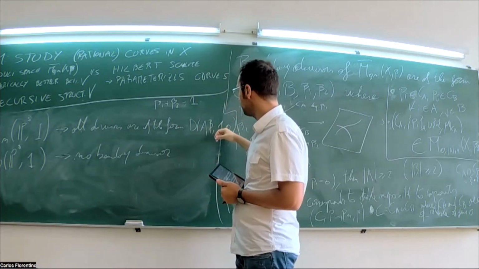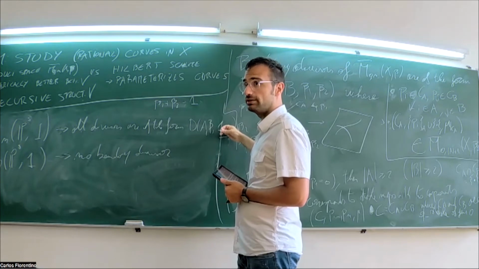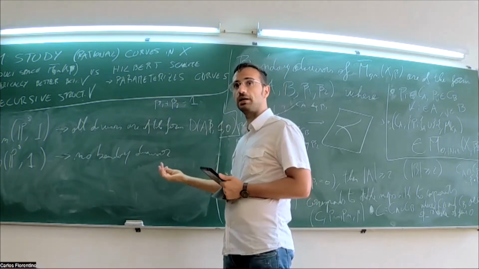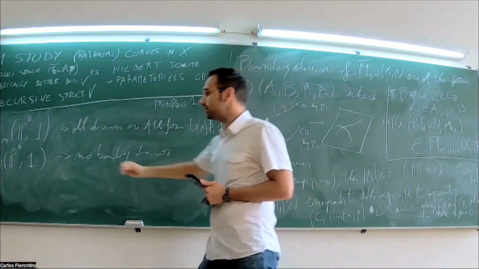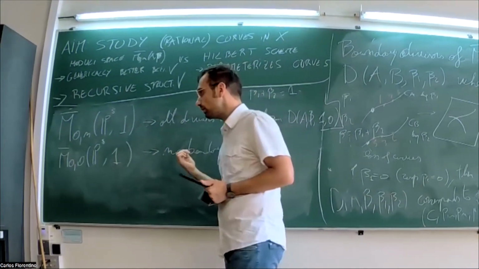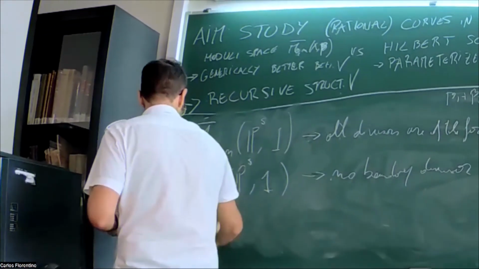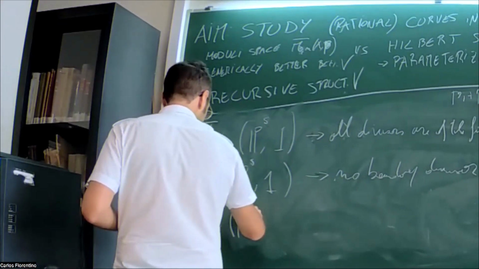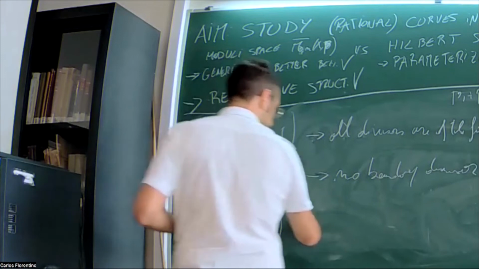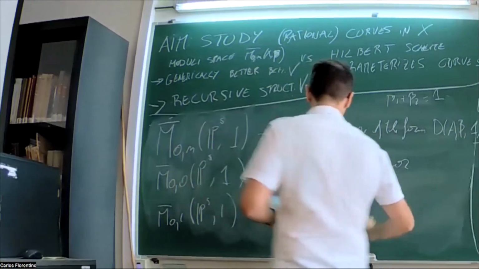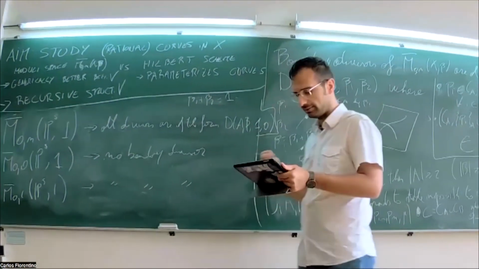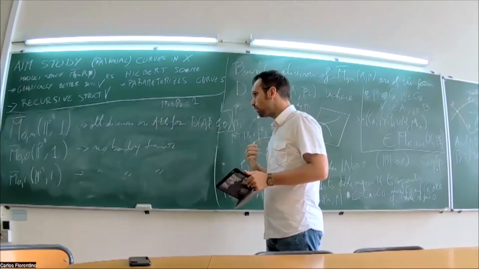One component must be contracted because of degree 0, so I need 2 marked points, but I have 0 marked points. So no boundary divisor. The same if I have just 1 mark: the same happens. No boundary divisor because I have just 1 mark.